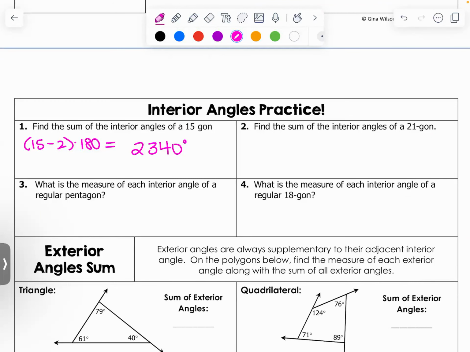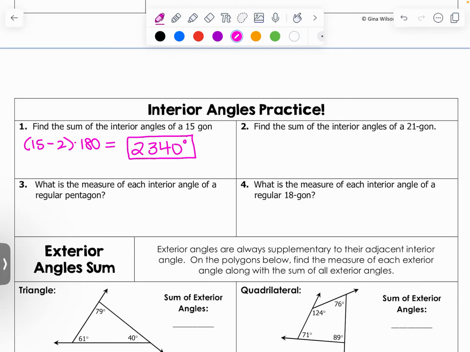That's the final answer. I got 156, that I divided by 15. So that would be one angle if it was regular. Both 3 and 4, I'm asking you for one angle.